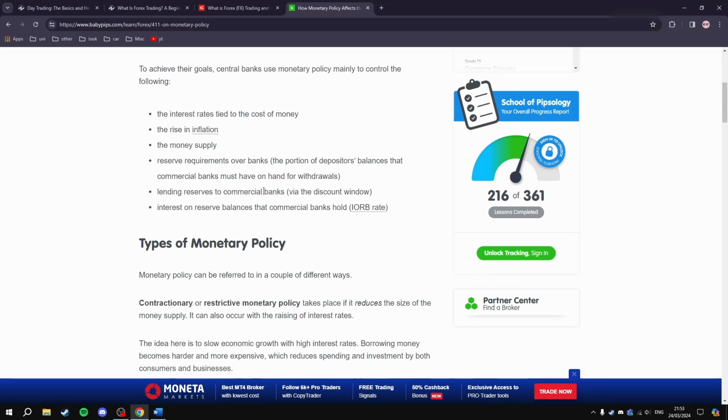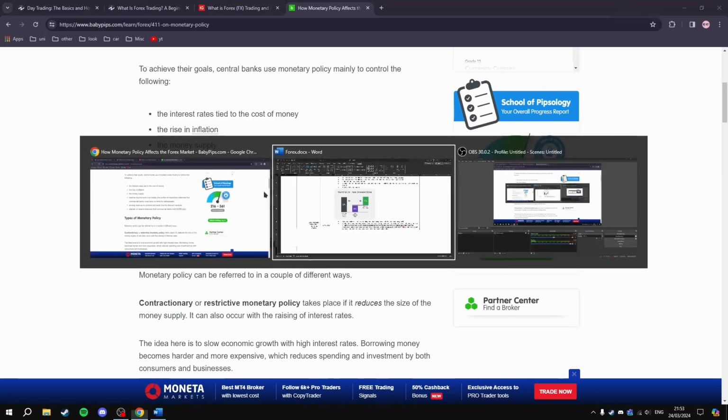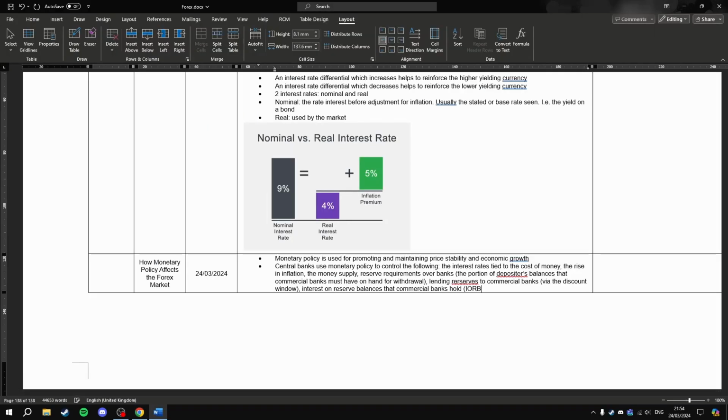Interest on reserve balances that commercial banks hold. IORB rate.